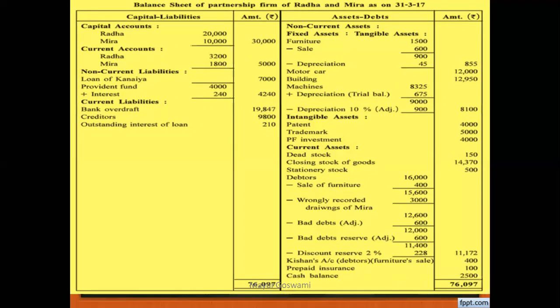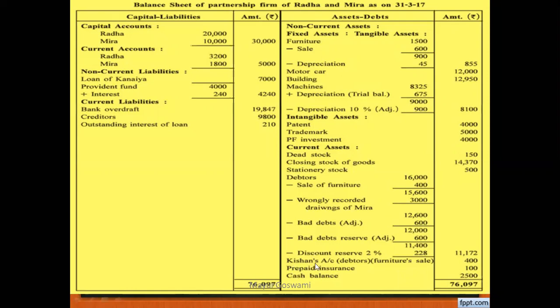Now this furniture is sold to Kisan and it is sold on credit. So the name of the person you have to write here, and that Kisan becomes a debtor for us, right? So two options we have: either we can add back to the debtors, or separately you can write the account of Kisan. So again come to the balance sheet asset side.